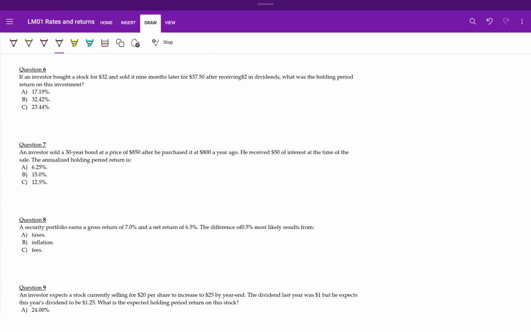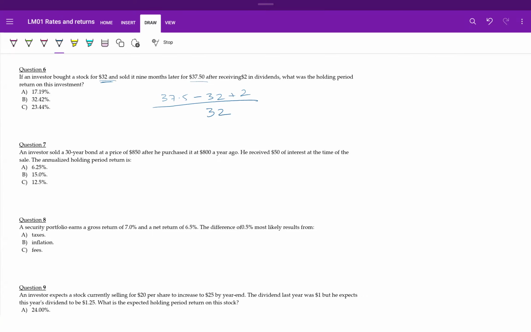Question number 6 again. Here it's stating that the investor bought a stock for $32 and sold it 9 months later for 37.5 after receiving $2 in dividend. What is the holding period return? The holding period return is the closing 37.5 minus 32 plus 2, divided by 32, because this is the beginning value.